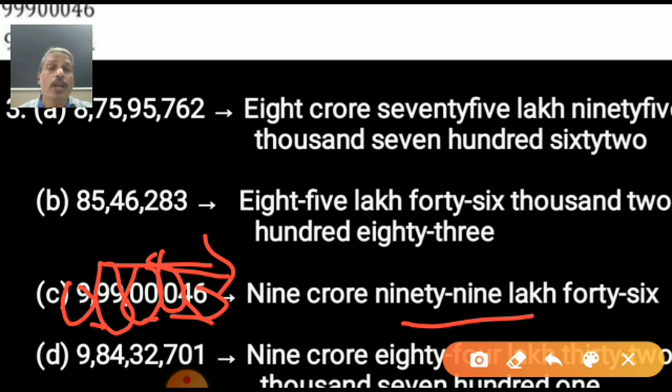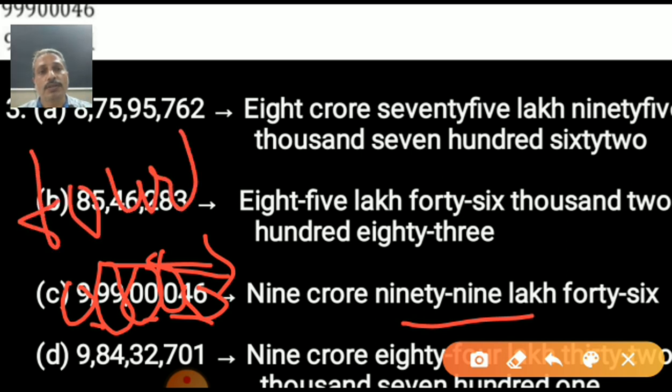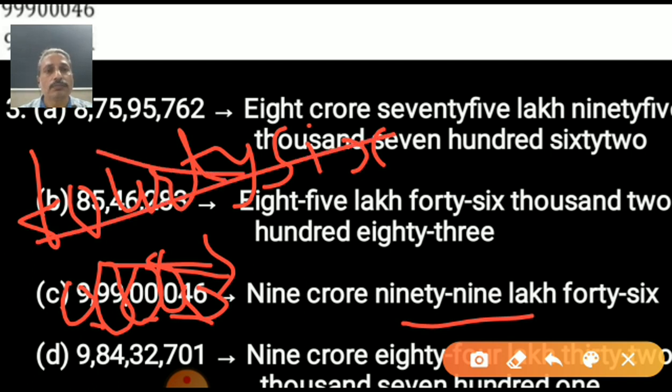Now who is left there last? 46. Read out 46. Here, be careful. Out of 10 students, 9 students make a mistake of 46 spelling. Yes, I see from your rough note. You are also making the same mistake. What you are writing? Yes, 46. But this spelling is wrong.